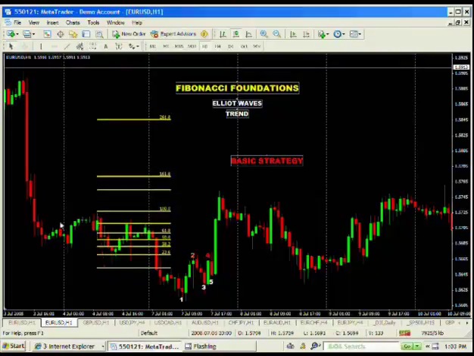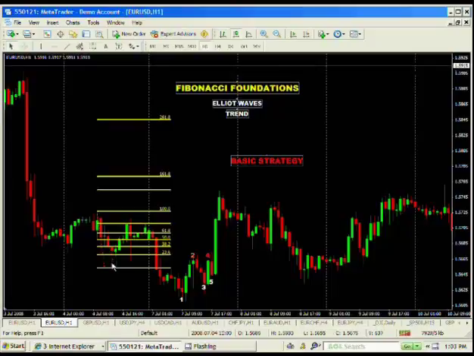Now we look here and see that price fell down in an impulse move, so the trend is also down, so we want to look for a retracement back up. We want to look for a good entry to sell short when price moves back up.